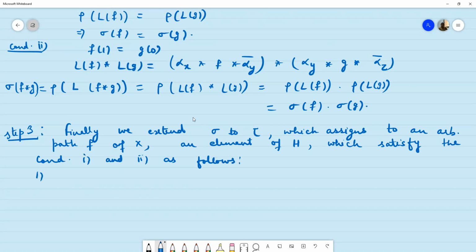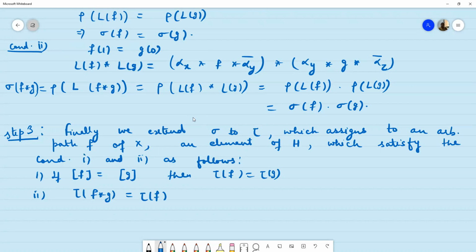The first condition is: if the homotopy classes of F and G are the same, then tau F is equal to tau G. And similarly, the second condition is tau of F star G is equal to tau F into tau G whenever F star G is defined.